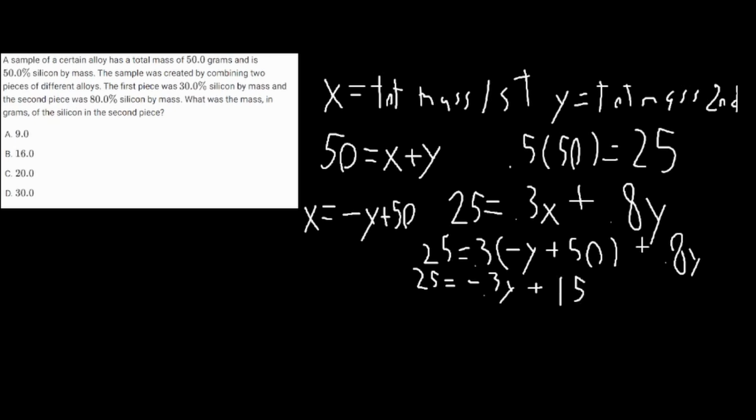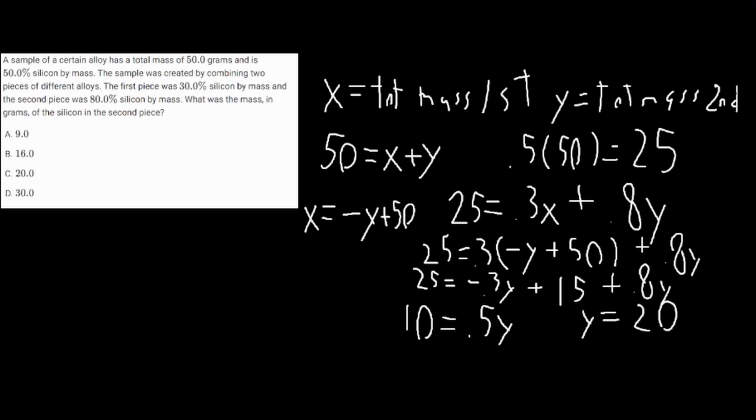Yes, 15 plus 0.8y. Now, we subtract 15 from both sides and we add the two y values together. We get 10 is equal to 0.5y. Now, dividing by 0.5, we get y is equal to 20.